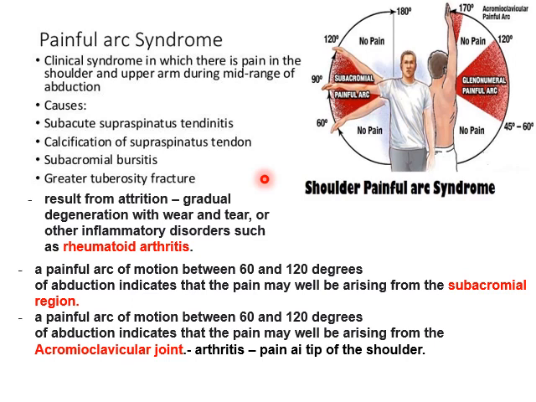And this can also result from the attrition of the tendons. There is gradual degeneration with wear and tear, or inflammatory disorders such as rheumatoid arthritis, where there are constant movements that are seen, like in athletes, the cricketers who bowl and use more of abduction movements.